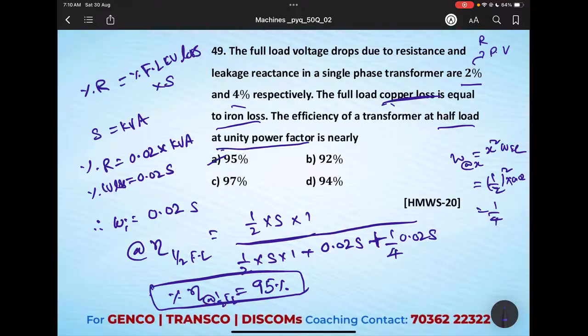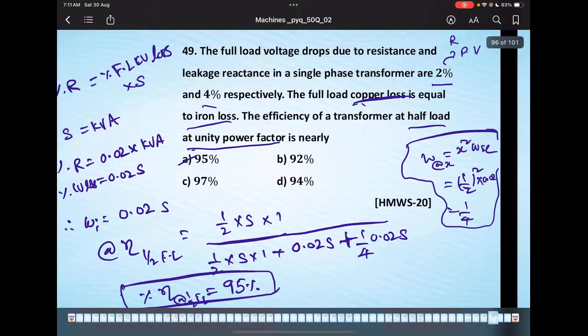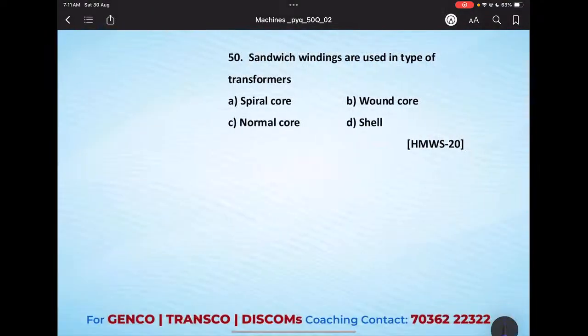We got the iron losses from the copper losses, and we know the formula of efficiency. By substituting the given data, we got the answer. But we need to be very careful while substituting the copper losses, because they are asking at half of full load. Is it clear? Let's move on to the next question.